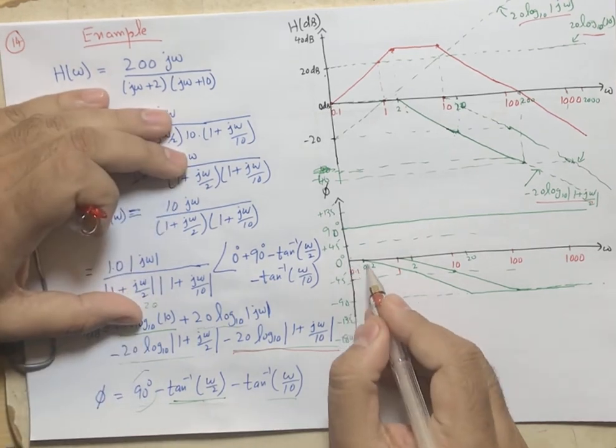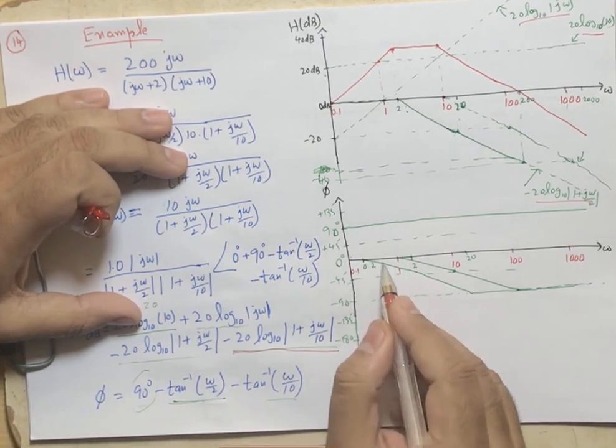So here all the things are 0. This one is 0, this one is 0, but this one is 90.